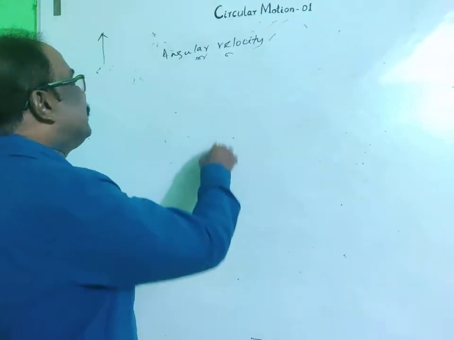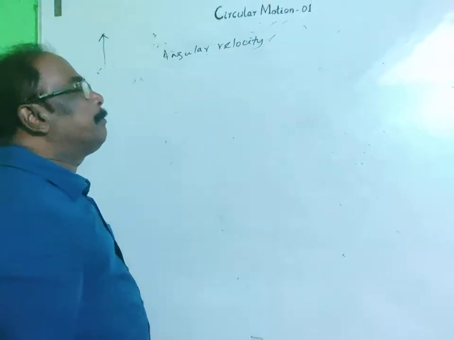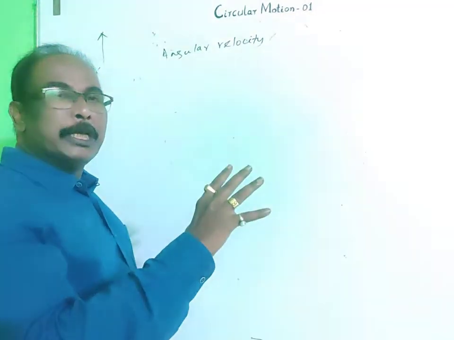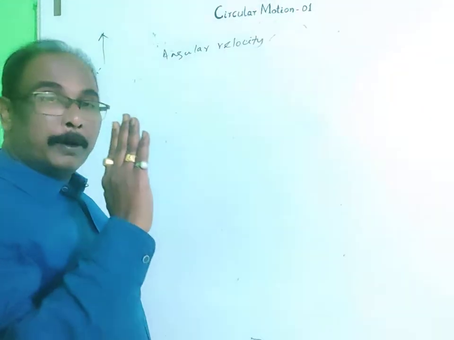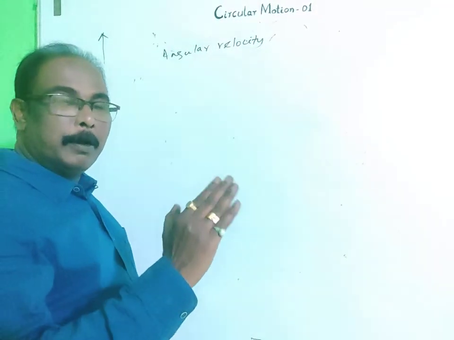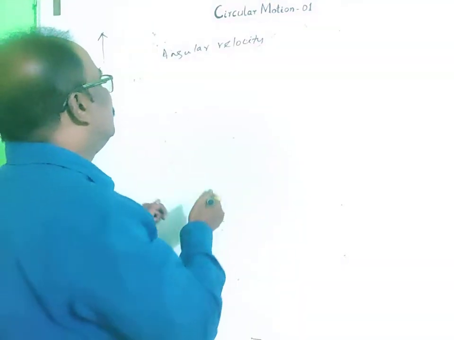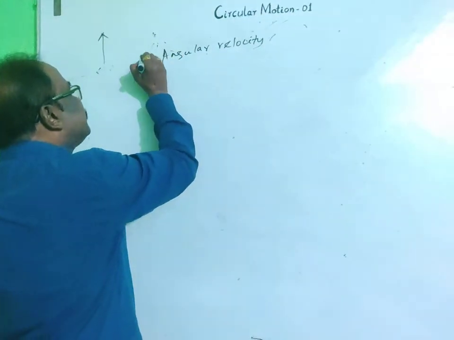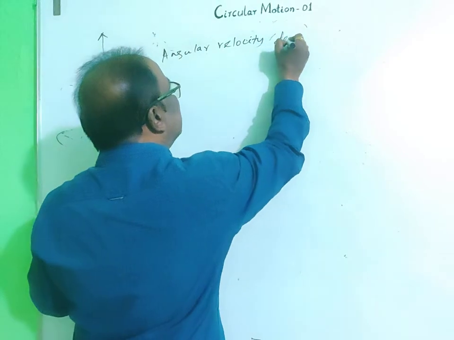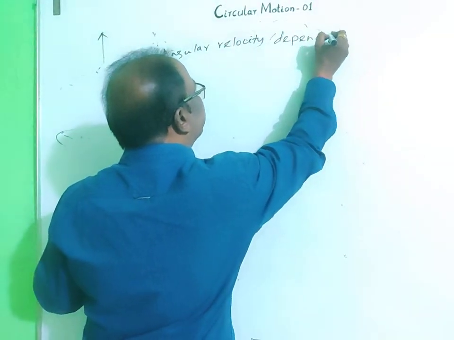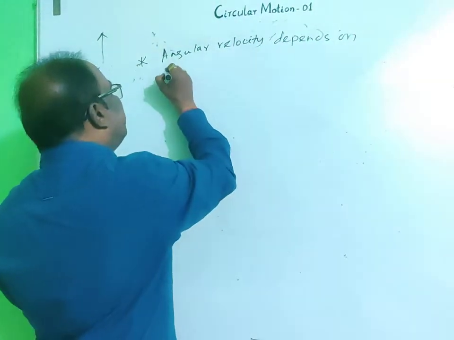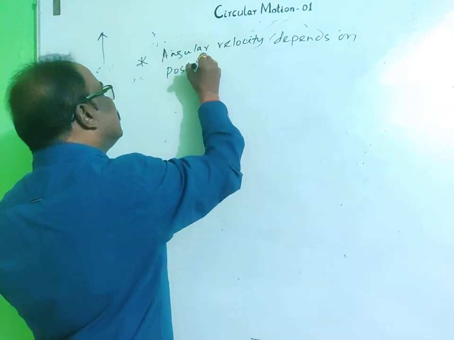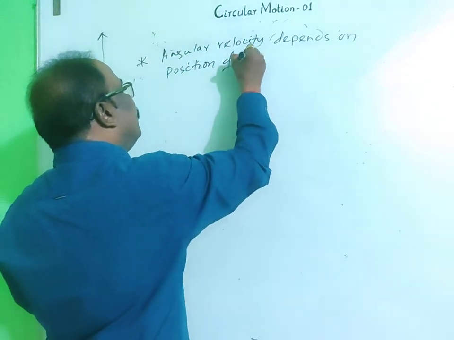So this is a conceptual point. Angular velocity depends on the position of the observer.